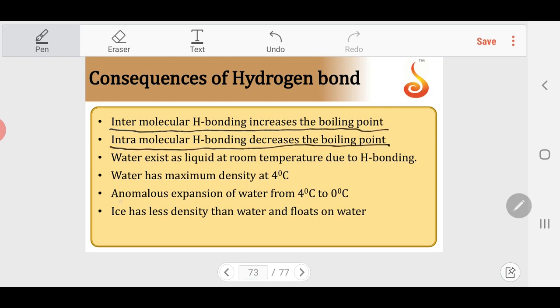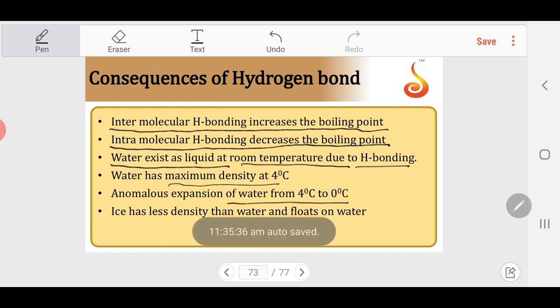And because of intermolecular hydrogen bonding, water exists as a liquid at room temperature. Also, water has maximum density at 4 degrees Celsius. There is an expansion instead of contraction when water is cooled from 4 degrees to 0 degrees, which is called anomalous expansion. To convert into solid form, the hydrogen bond is of a higher length compared to a covalent bond.